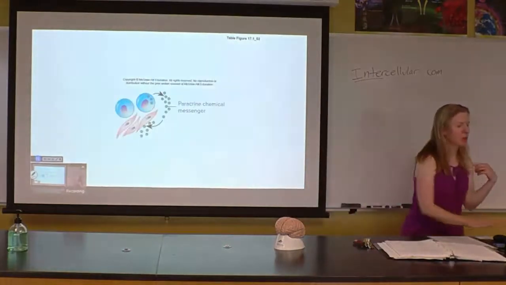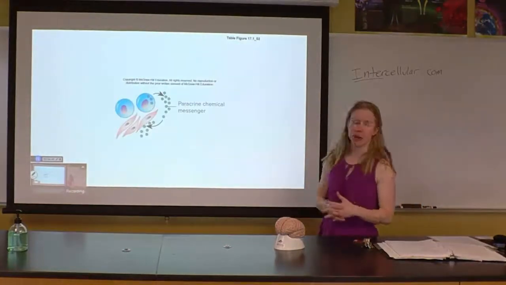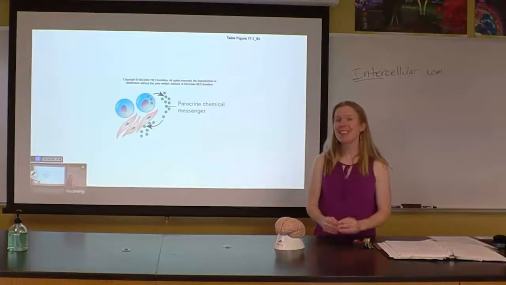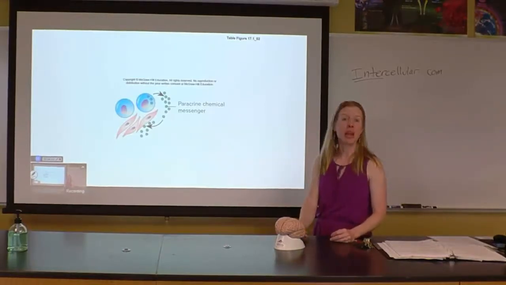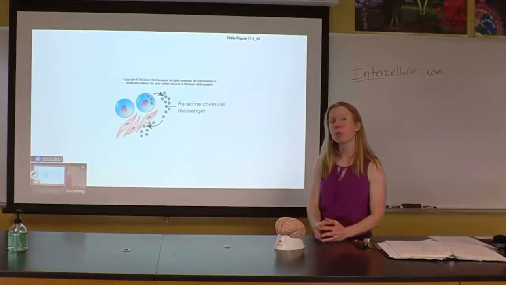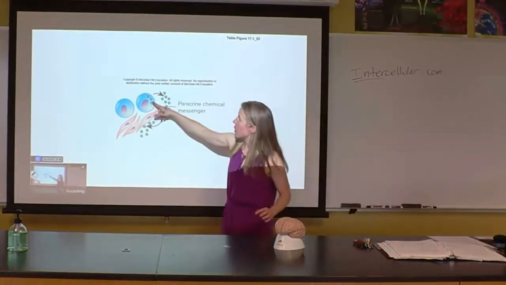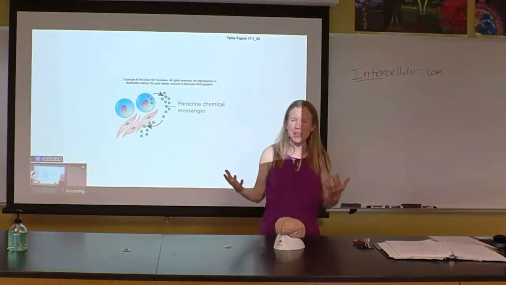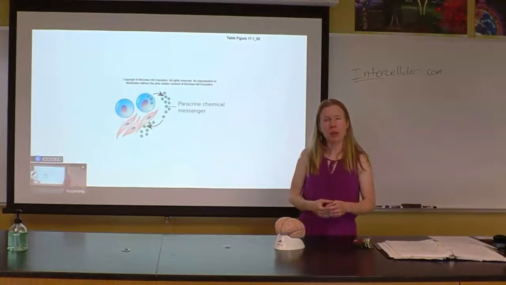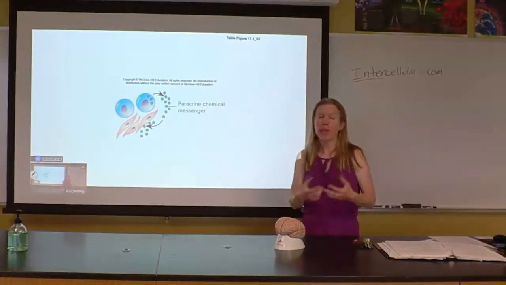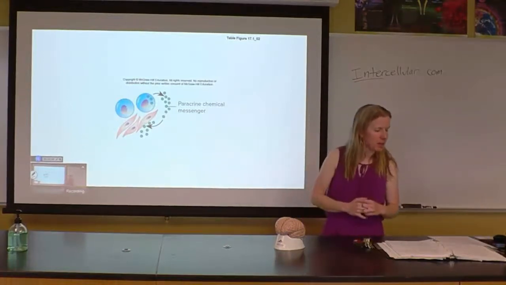Our next type of communication is paracrine communication. This is when cells are communicating with their neighbors, right? So this is always within a tissue. They put a couple different cell types here to let you know, okay, this is a little bit bigger than autocrine communication, but we're actually communicating locally with neighboring cells of the same tissue.